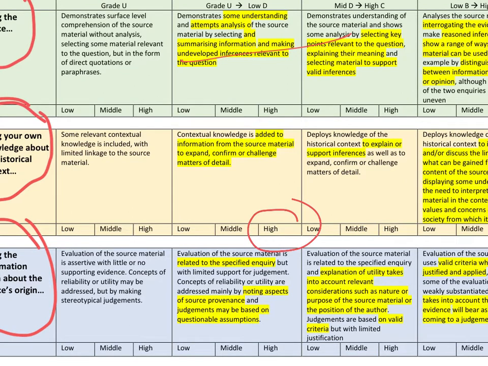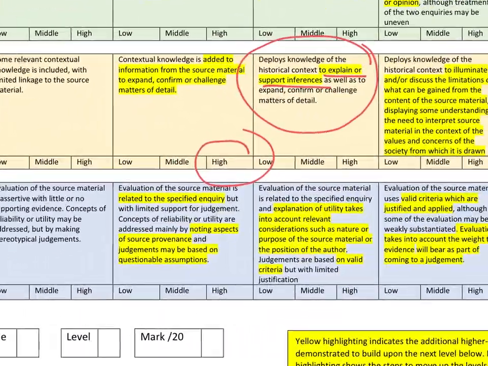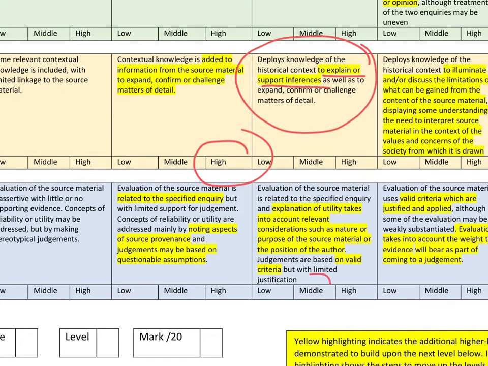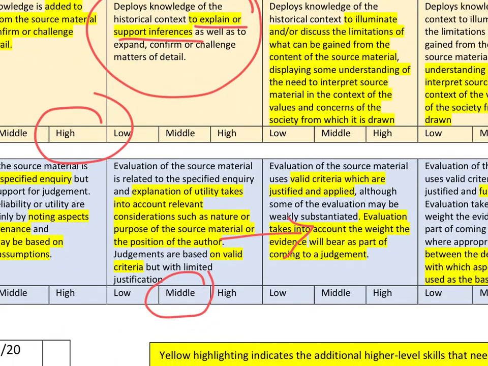What you need to be doing is looking at level 3 and thinking, well, what I need to do is basically do that. Or let's say for this strand, using the information about the source's origin, I gave you a middle level 3, well, you need then to be looking at the descriptor for level 4 and looking at the bits in yellow in particular and thinking, right, what's the additional thing that I need to be doing?